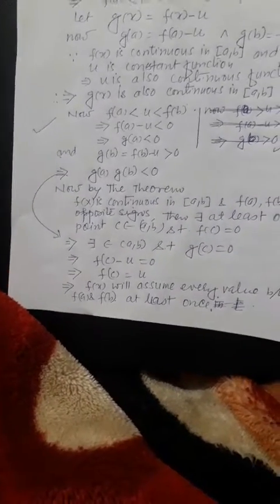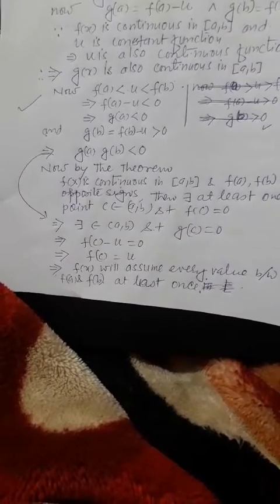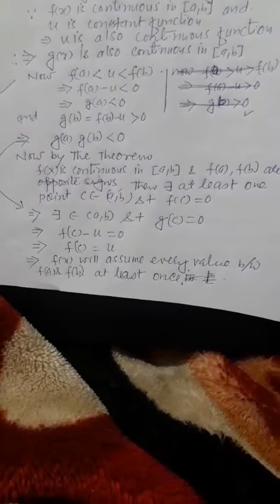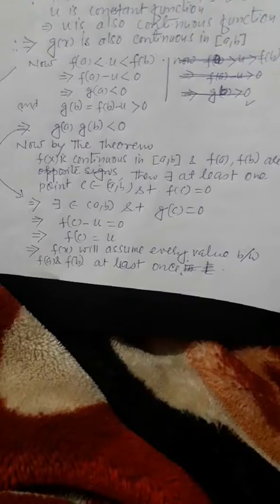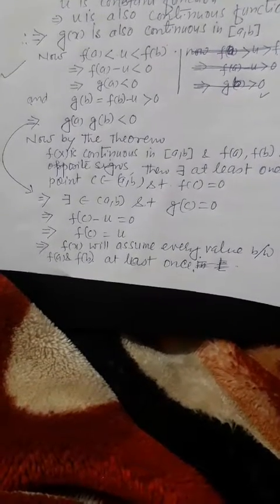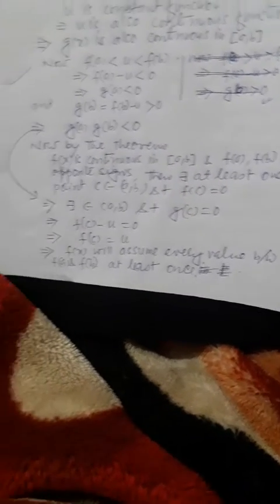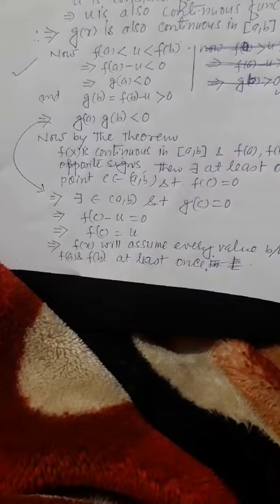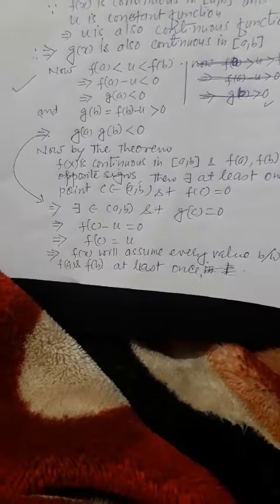Now, by the theorem, we state the theorem: f(x) is continuous in closed interval [a, b] and f(a) and f(b) are of opposite signs. Then there exists at least one point c belongs to open interval (a, b) such that f(c) = 0.